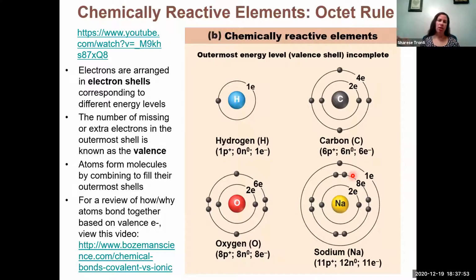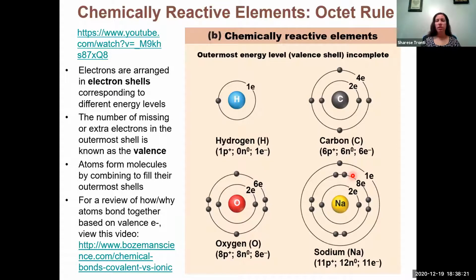Now, if you can envision, I don't have a picture of it, but envision in your mind the periodic table. As we move across the periodic table, each of those elements has a different number of electrons. The number of electrons is going to be the same as the number of protons, so that those two charges are going to cancel each other out. But as we move across the periodic table, we're increasing in the number of electrons that each element is going to have.